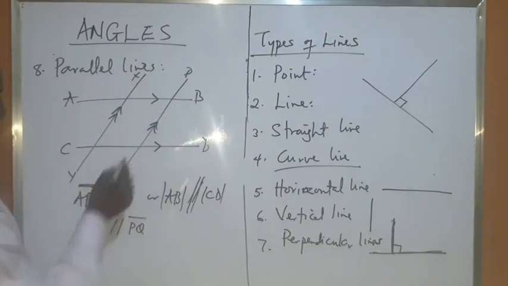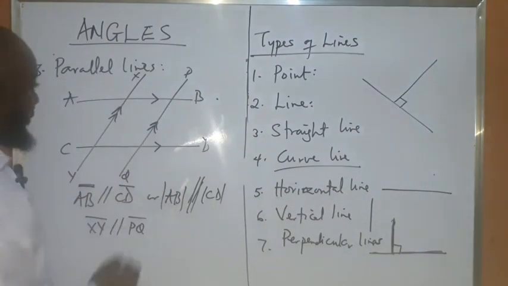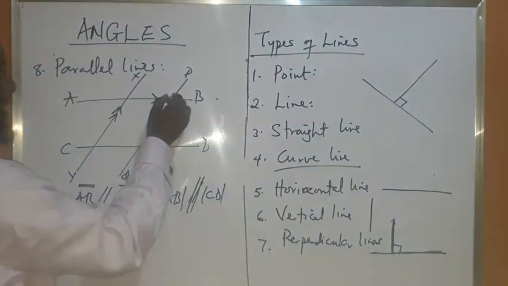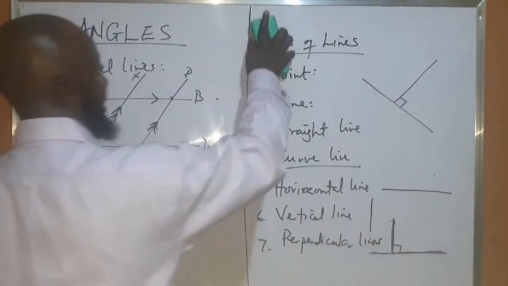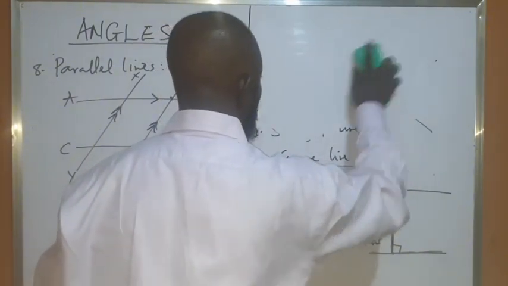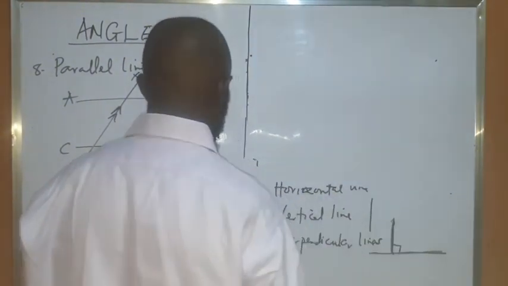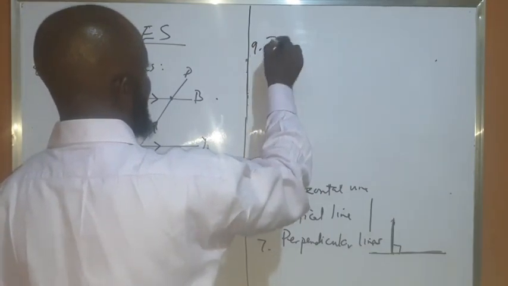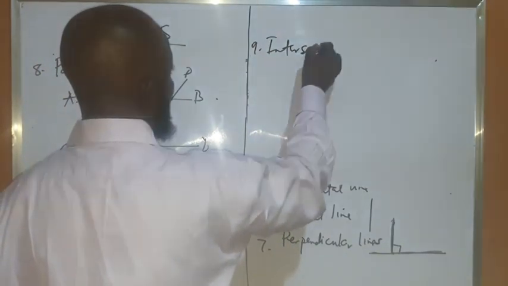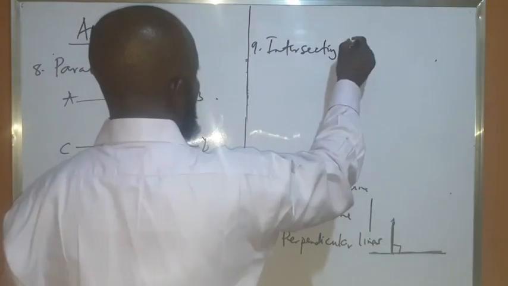But line PQ and line AB are not parallel because we can see that they are meeting at this point. So that is an intersecting line. That will be the next one. Intersecting lines.